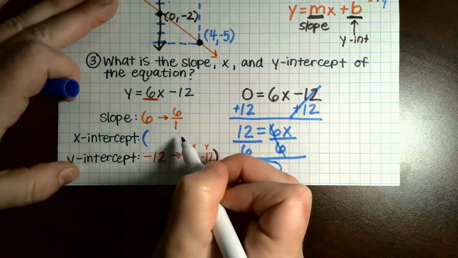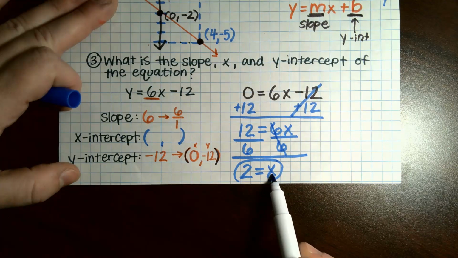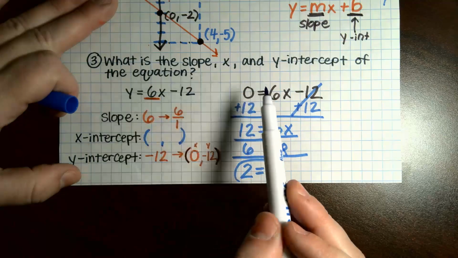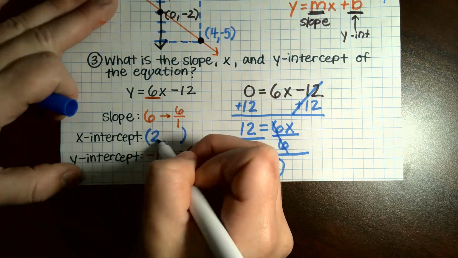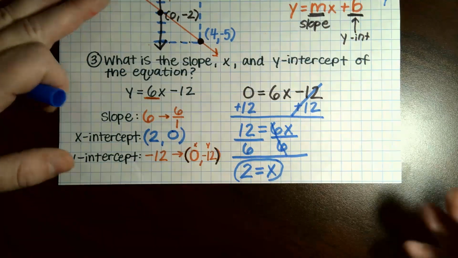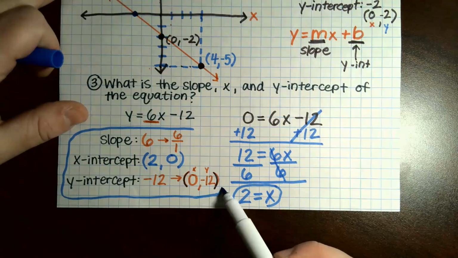So we know from what we just solved, the x is 2, the y is 0. So we're going to write 2 in the x spot. We're going to write 0 in the y spot. So here are your answers.